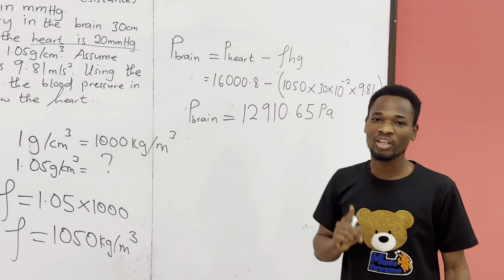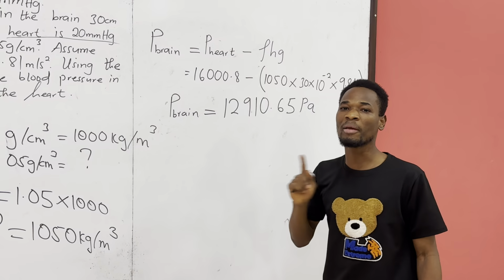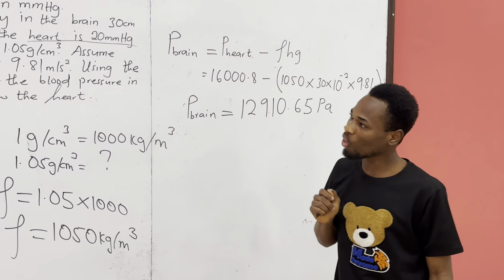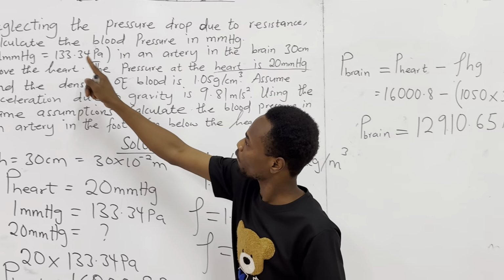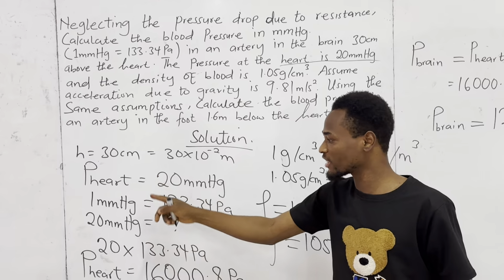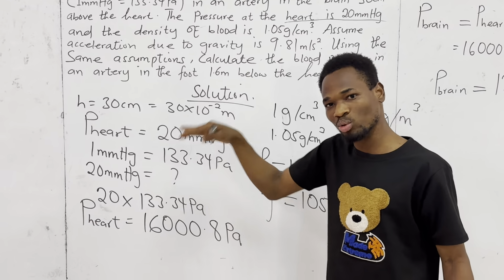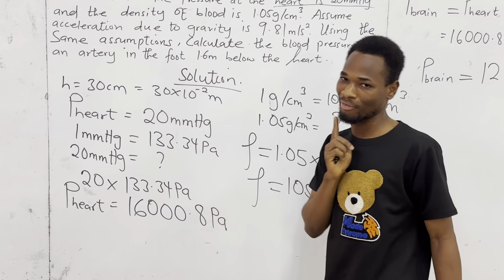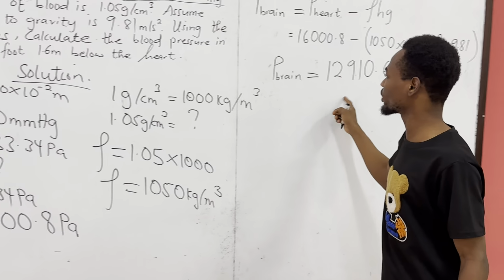But viewers, if you end over here, you may be penalized. Why? Because the question says, calculate the blood pressure in millimeters of mercury. So again, you are going to employ the relation given to convert it back to millimeters of mercury.